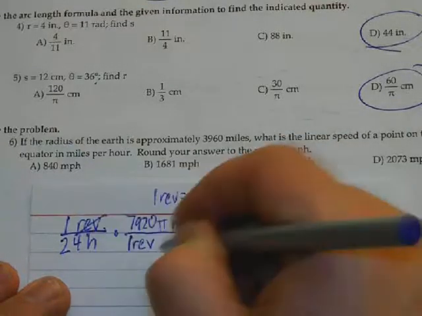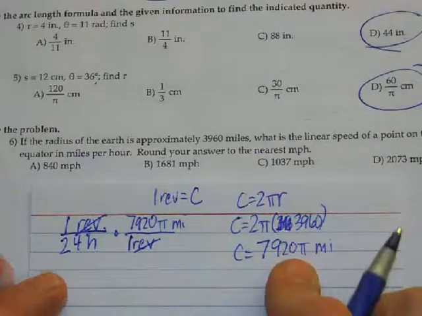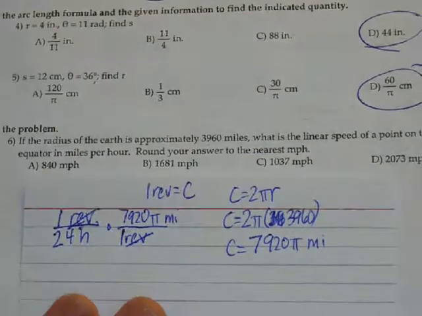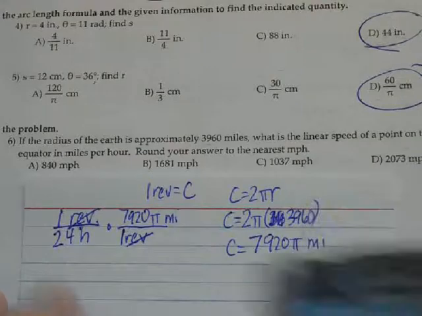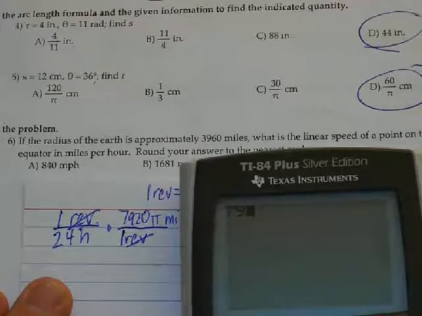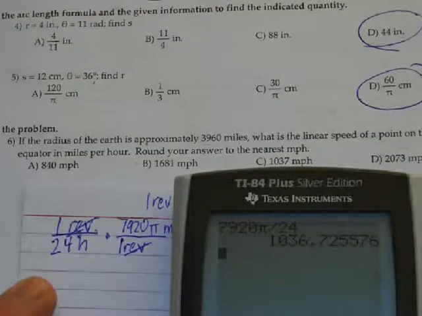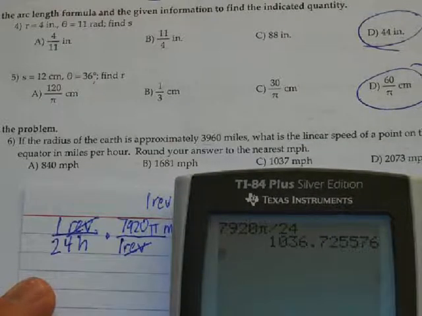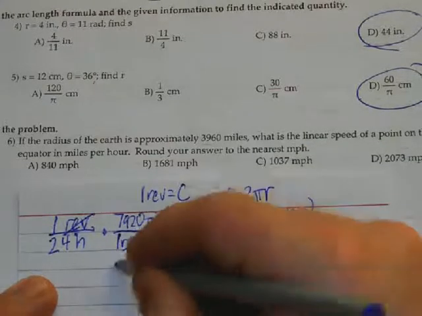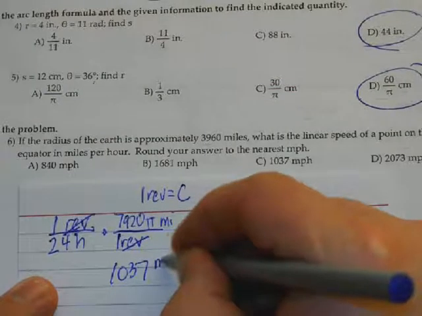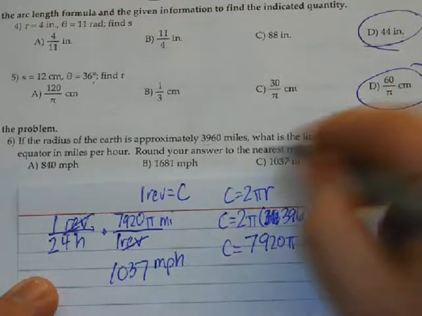Revolutions cancel out, giving us miles per hour, which was the unit specified in the problem. Then we get about 1,037 miles per hour. And we see that that is C.